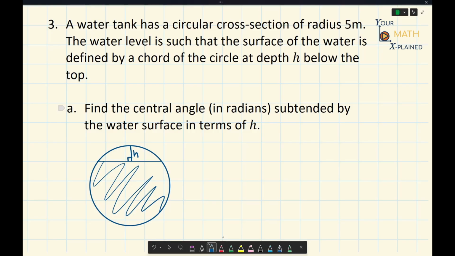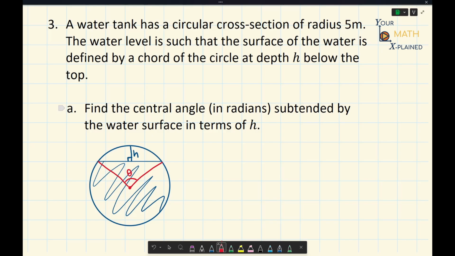So for part A, we want to find the central angle in radians that is subtended by the water surface in terms of h. So let's go ahead and draw our center. And then we're going to draw 2 lines to the edge of the water. So the central angle, let's call that theta, is this angle here.